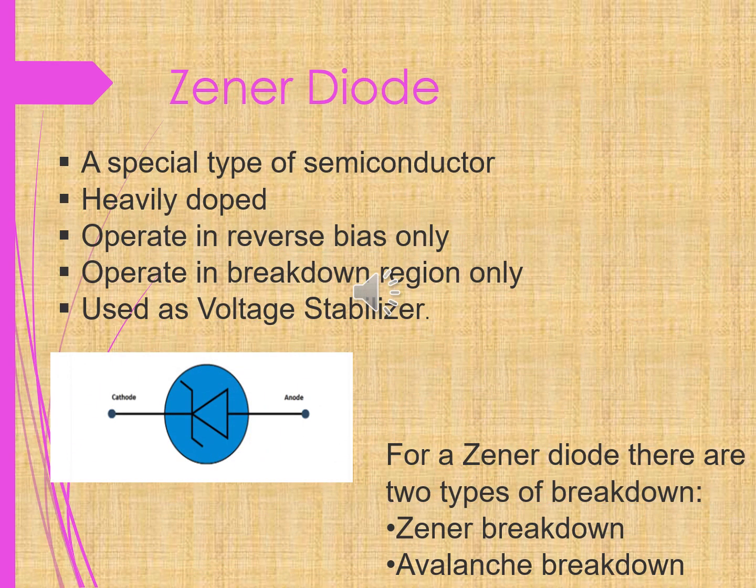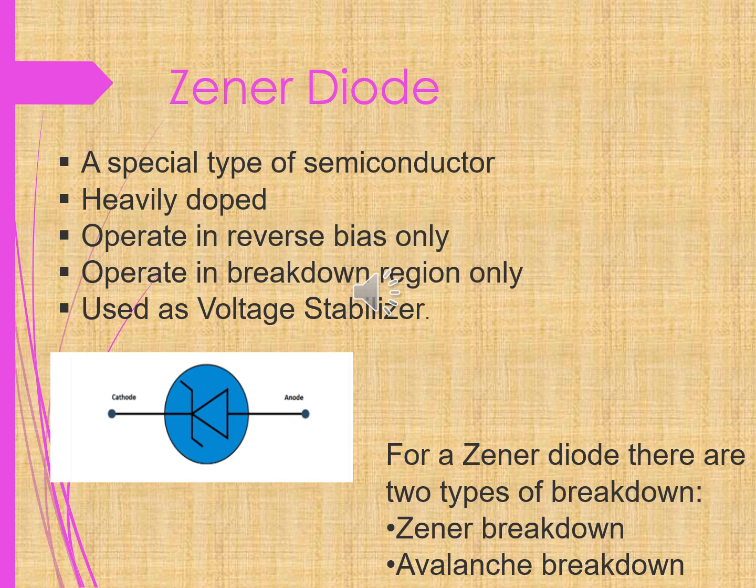So the last topic is Zener diode. The Zener diode is a properly doped PN junction diode which has a sharp breakdown voltage. It always works in reverse bias. It works in the breakdown region, so it is called a breakdown diode.